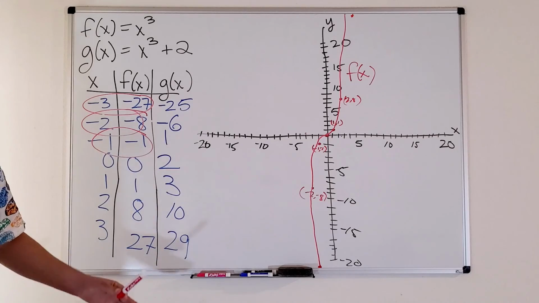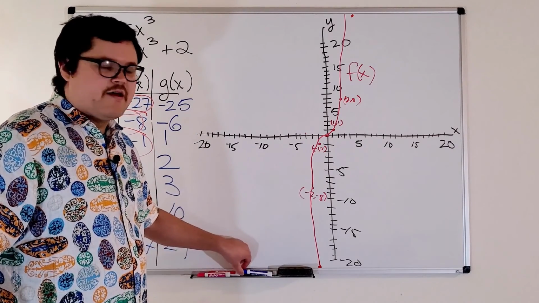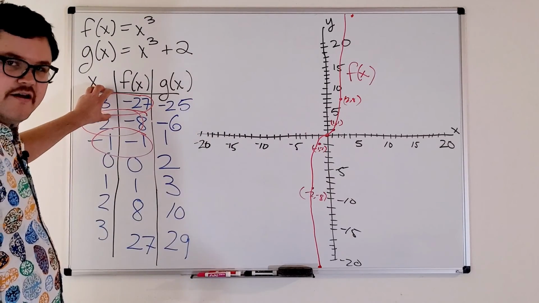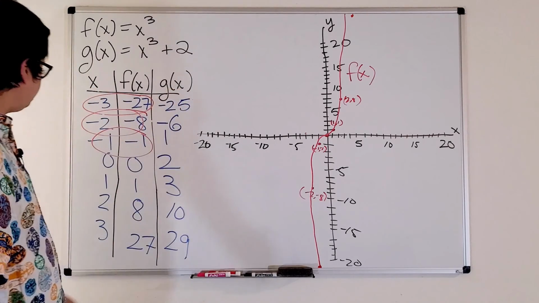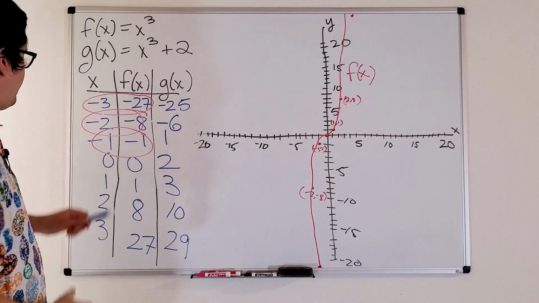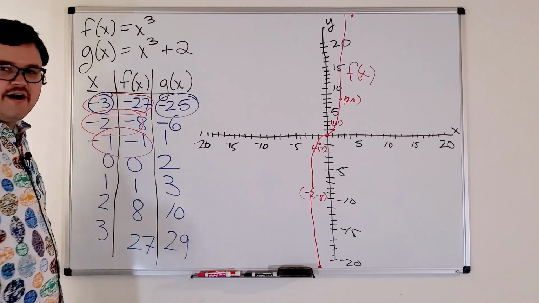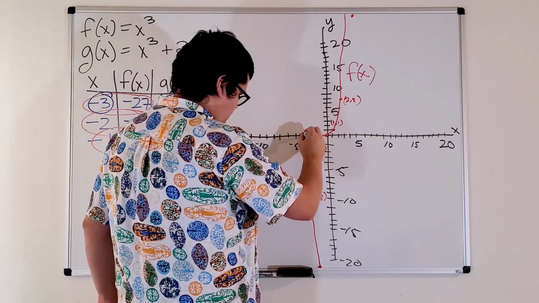All right, what about g of x? We want to do the same thing, but our pairs have the first coordinate, the x coordinate here, the y coordinate from this column for g of x. So first pair is going to be -3 with -25. -3 over here.